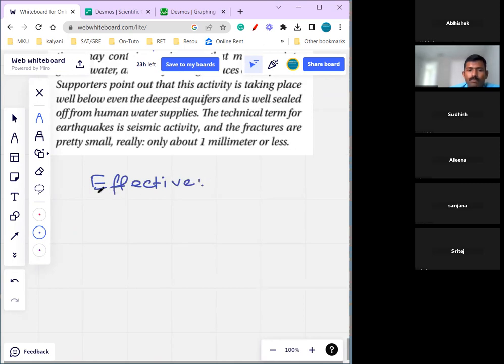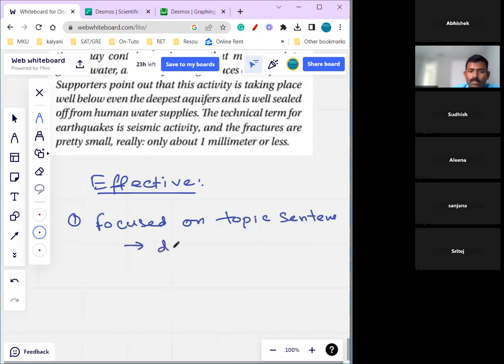If I say an effective passage, or a good passage, it should be focused first on a topic sentence, and that develops the central idea of the passage.